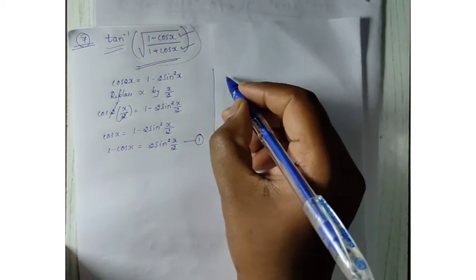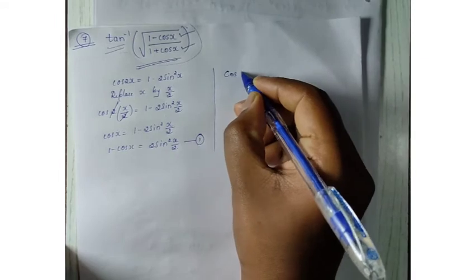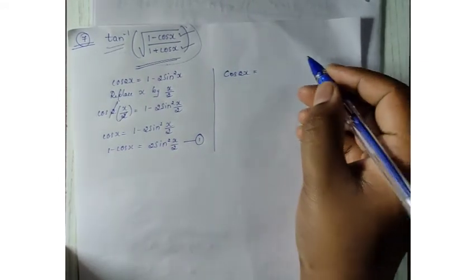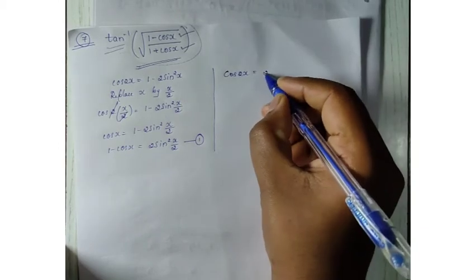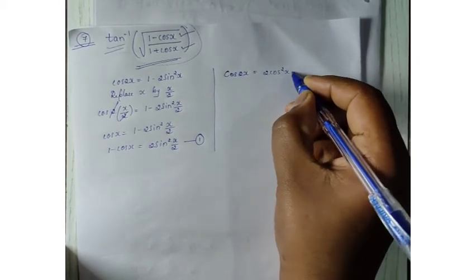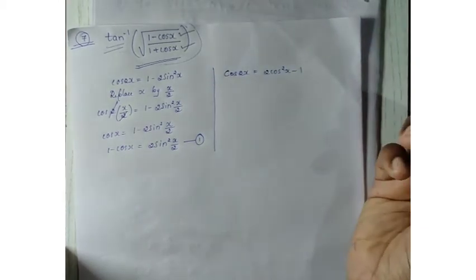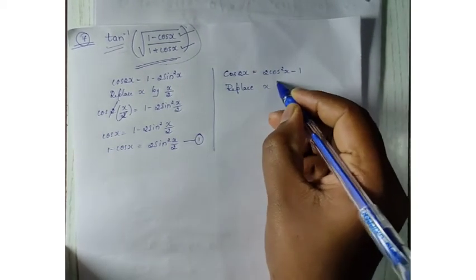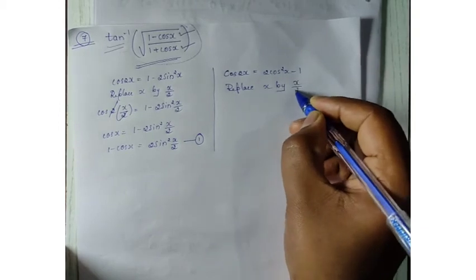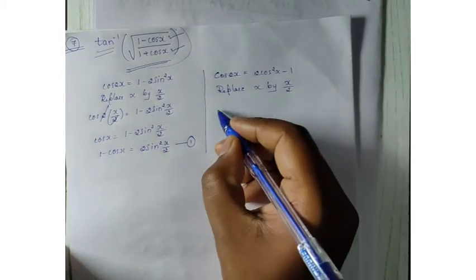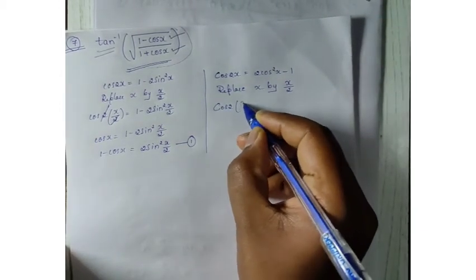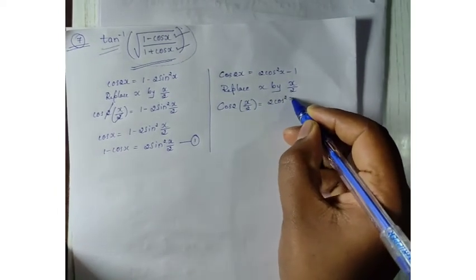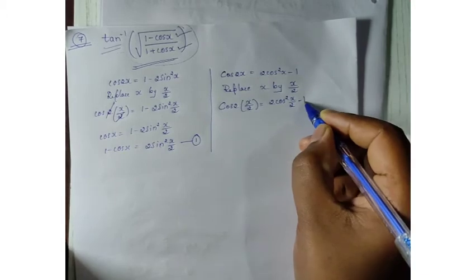Now, we know that cos 2x can also be written as 2 cos square x minus 1. Replace x by x by 2. Therefore, cos 2 into x by 2 is equal to 2 cos square x by 2 minus 1.